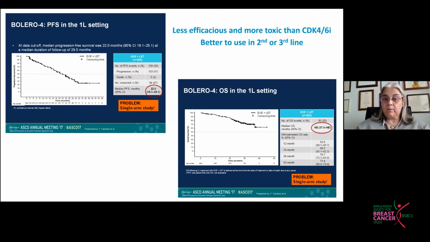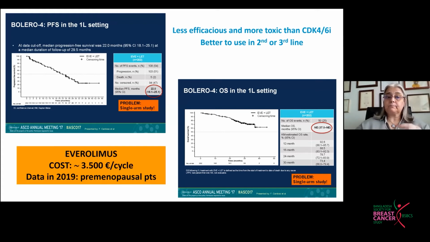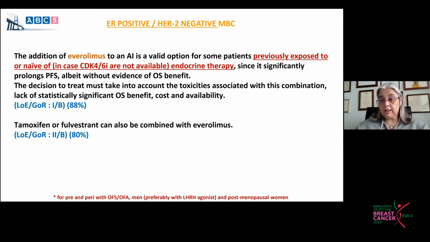So this is the recommendation of ABC, that we can use everolimus for those that were previously exposed to CDK4/6, or if you do not have access to CDK4/6, and that we can combine this with an AI, with tamoxifen, or with fulvestrant, and that we should pay attention to the side effects.